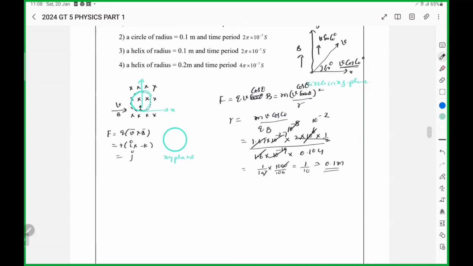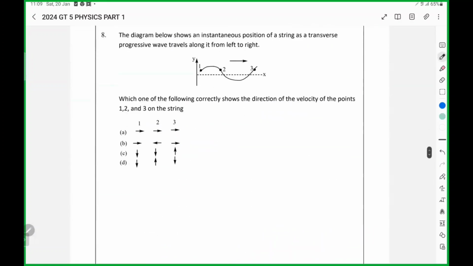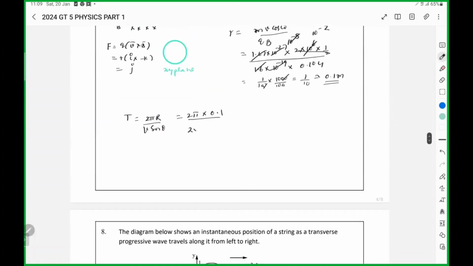So the time period will be 2 pi r by v. Radius we got 0.1. Velocity is 2 into 10 power 6, and it is v cos 60 degrees. So 2 pi into 10 power minus 7 seconds.